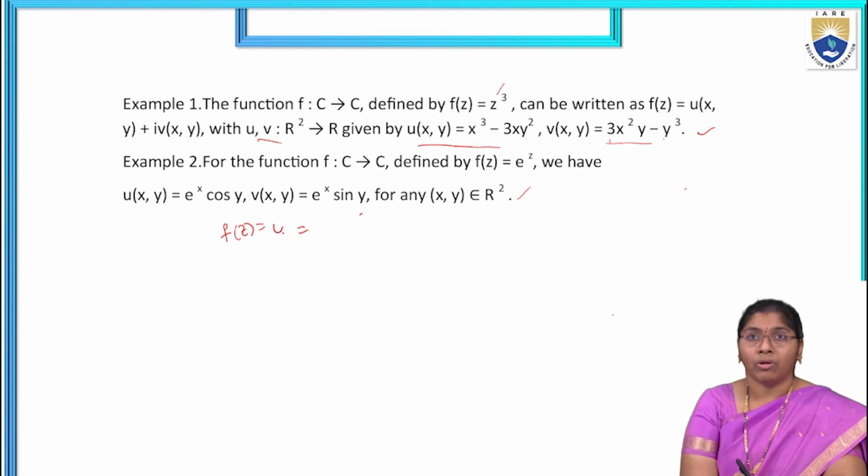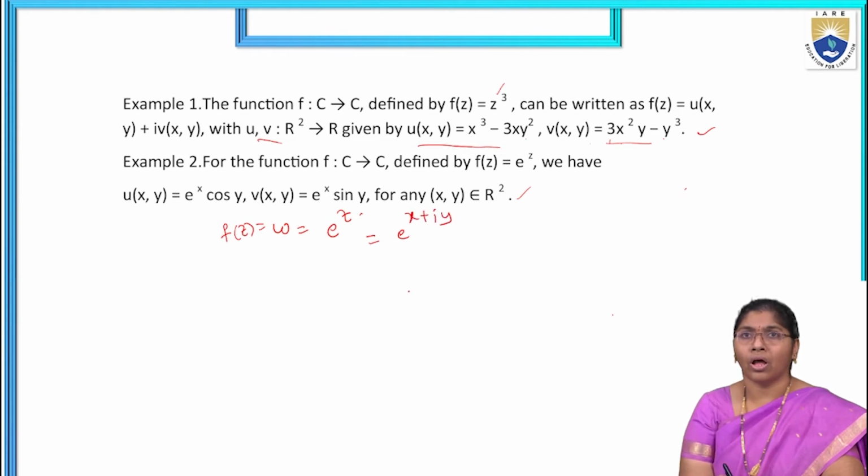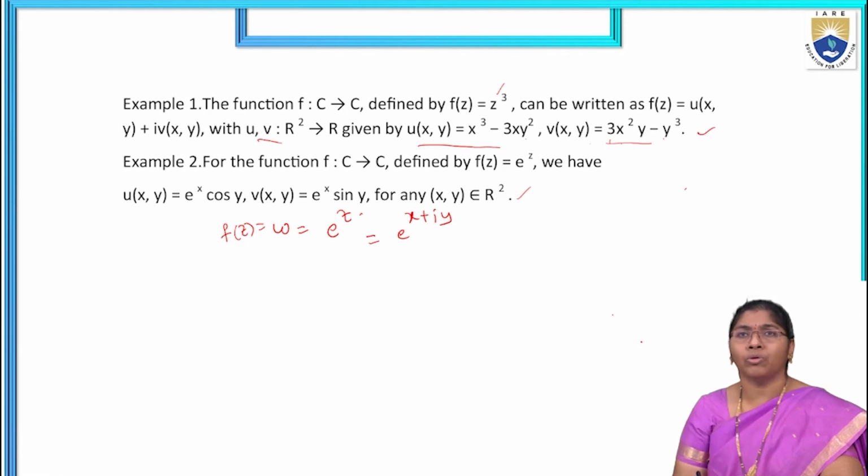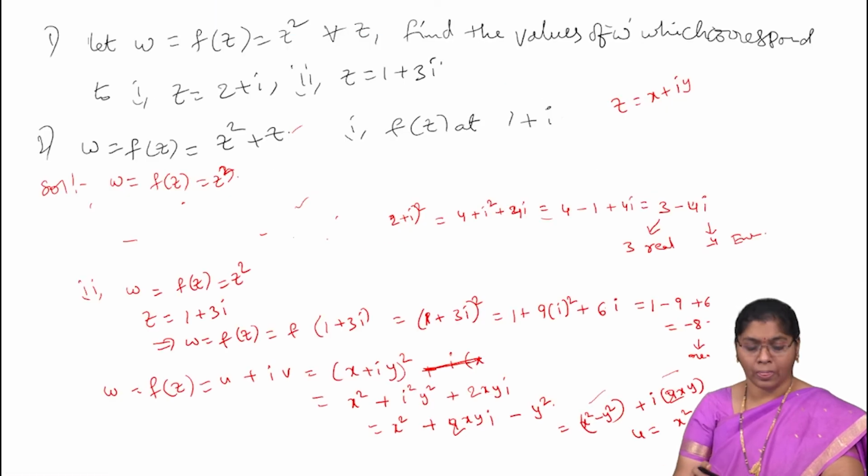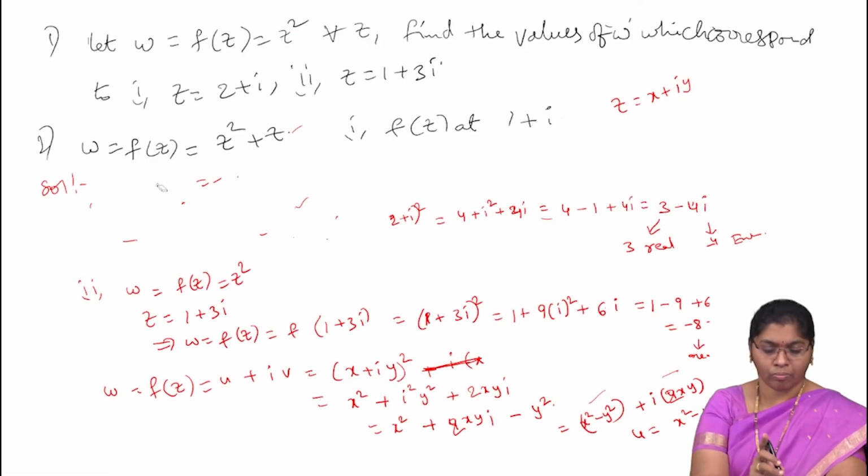Now continuing this process, we get u of x comma y equal to e power x cos y, and v of x comma y equal to e power x into sin y. Okay, now the z part is completed.